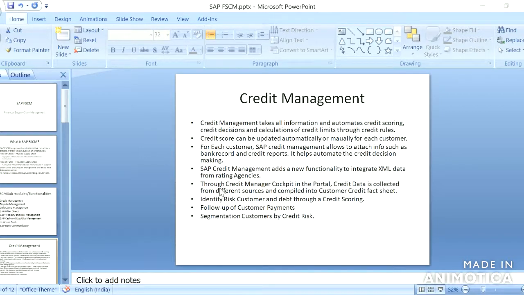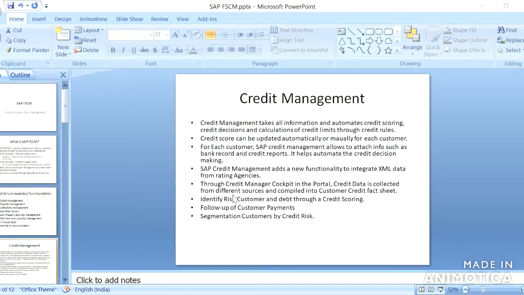Then there is the credit manager cockpit in the portal. Many people might know the enterprise portal, which is linked with SAP. Credit data is collected from different sources.